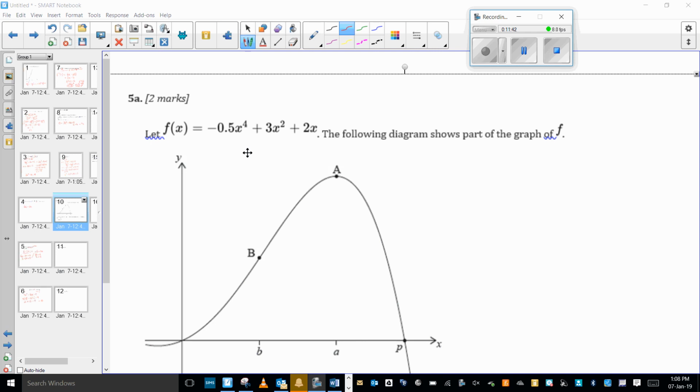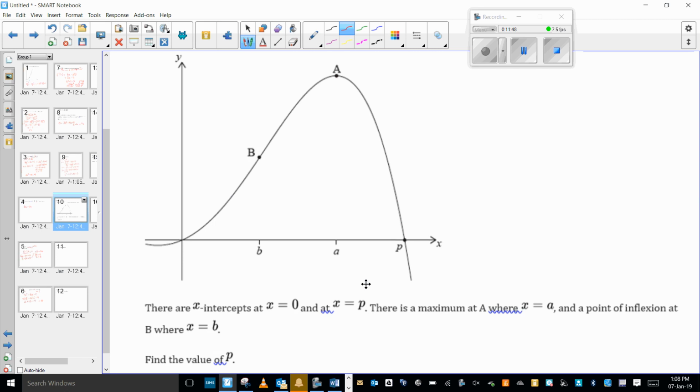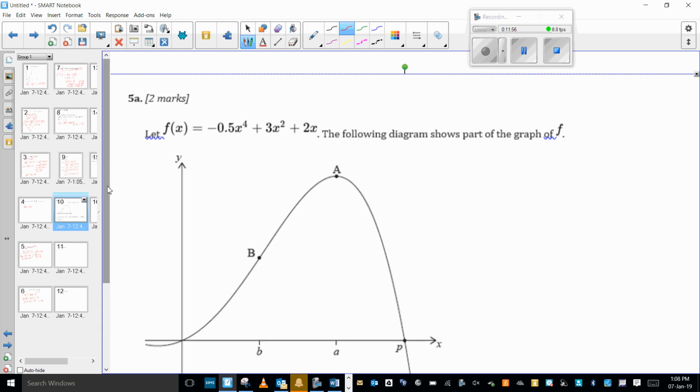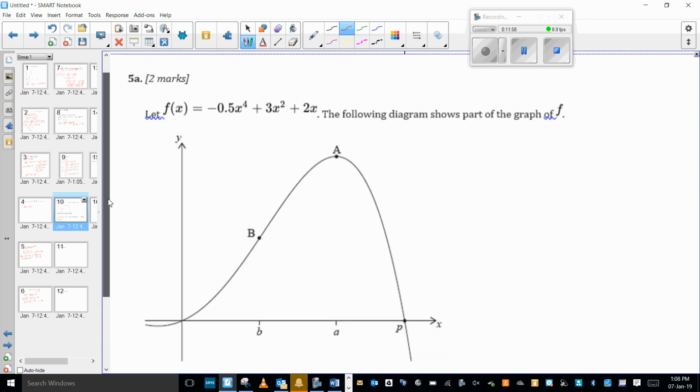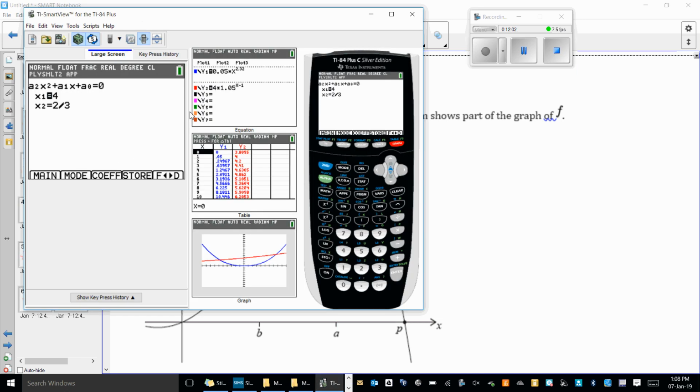Alright, next one. Here's our expression. For the x-intercept, we know the x-intercepts happen when y is 0. So if we're trying to find p, then we're going to solve that this is equal to 0. Again, it's the calc paper, so we put it in our calc. You've got different options here.